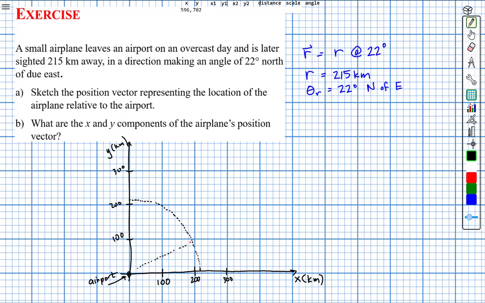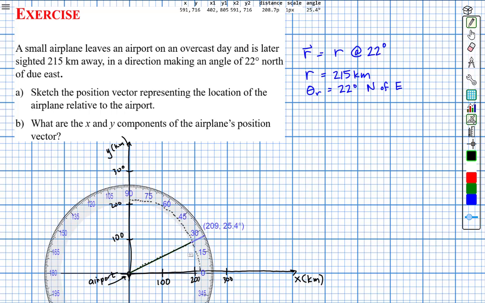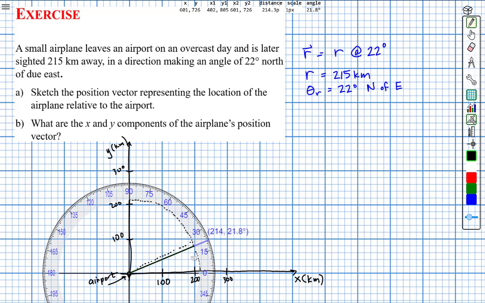But we could do better than that because we have a protractor. So I'm going to go ahead and fire up the protractor, and let's go ahead and use it to help me figure out 22 degrees. So 22 degrees is about right here. And notice the distance on this. So what you're seeing with my protractor tool, that first coordinate corresponds to the distance, and the second coordinate corresponds to the angle.